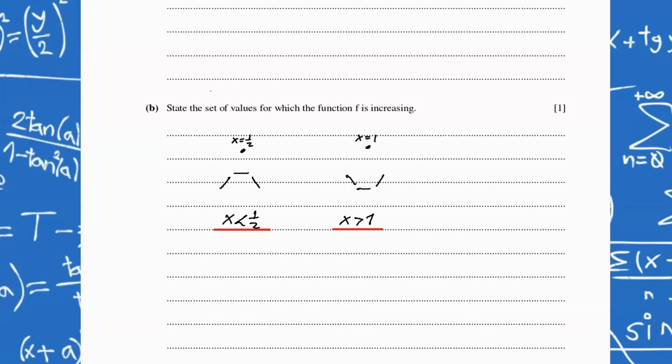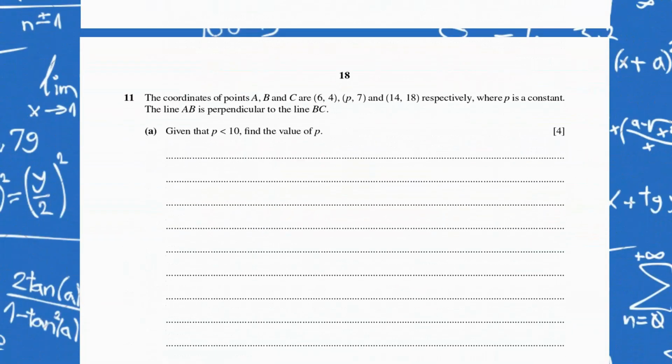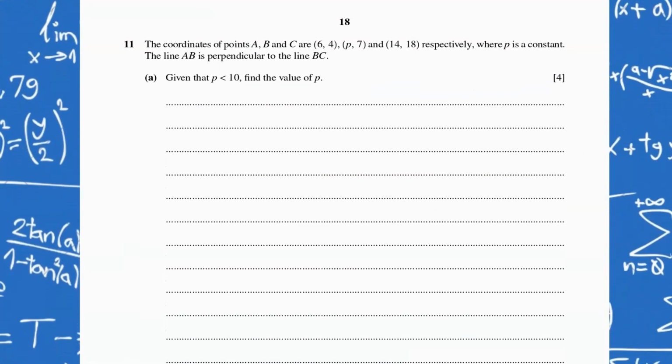Okay, let's move on to the very last question, which is number 11. It says the coordinates of points A, B, and C are (6, 4), (P, 7), and (14, 18) respectively, where P is a constant. The line AB is perpendicular to the line BC.